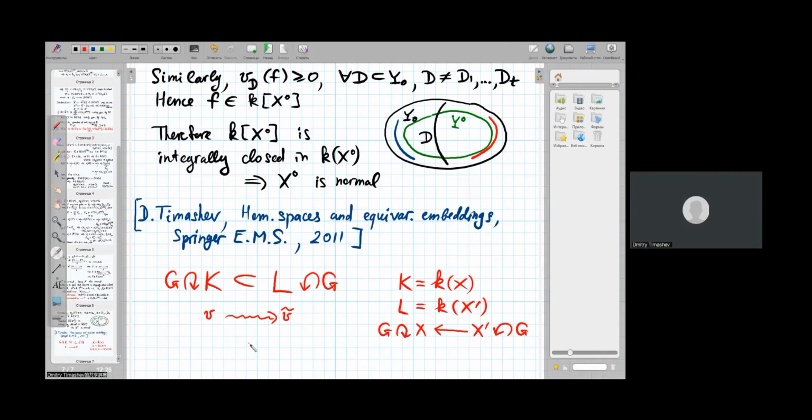Is this theorem still true if G is not reductive? If G is not reductive, yes, I think so. Because if you look at the proof, then you will see that reductivity is not essential. Yes, for this extension theorem, it is true even if G were not reductive. But I think that G should be connected.